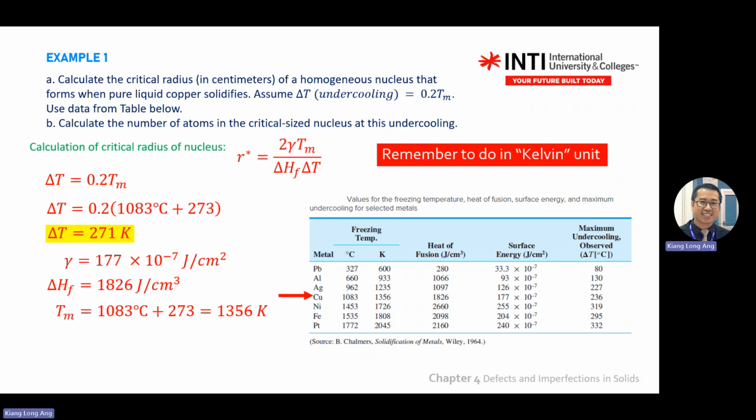What is the answer for critical radius? What's the answer? 7.15 10 power minus 11 cm.